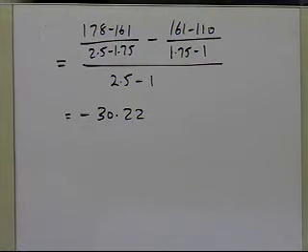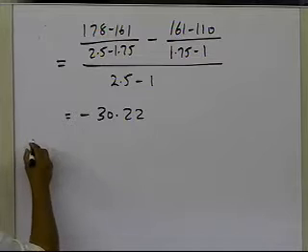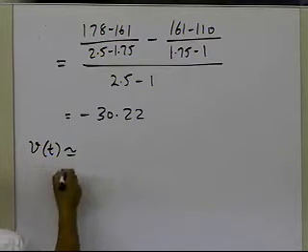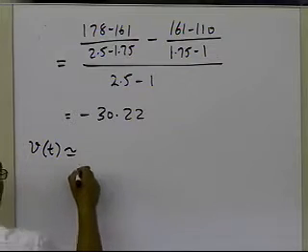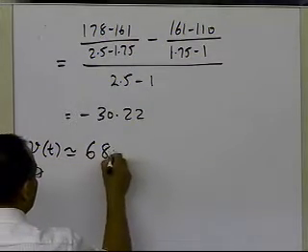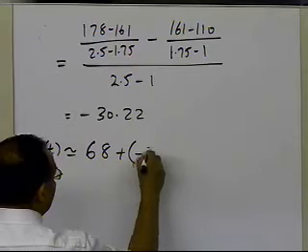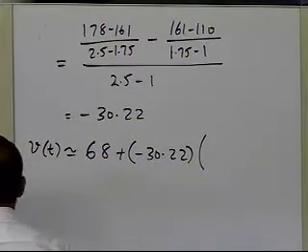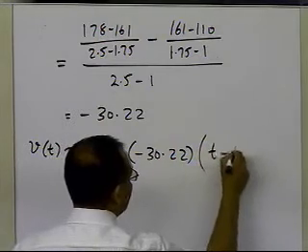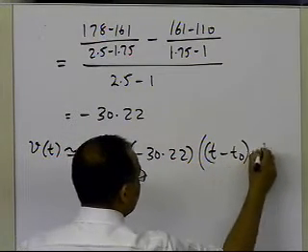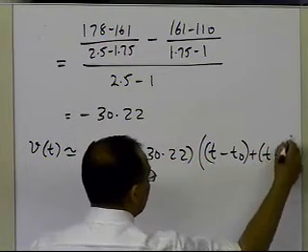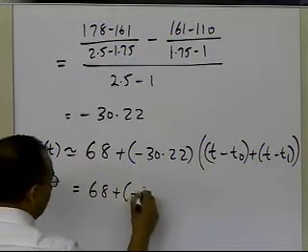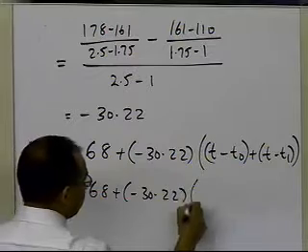Having calculated these divided differences, our velocity expression is approximately equal to 68, plus minus 30.22 times (t minus t0 plus t minus t1).